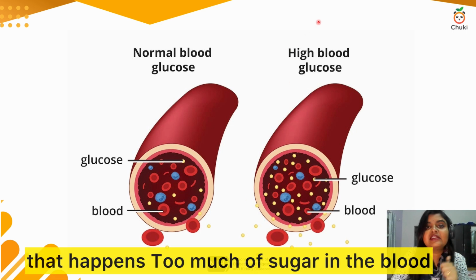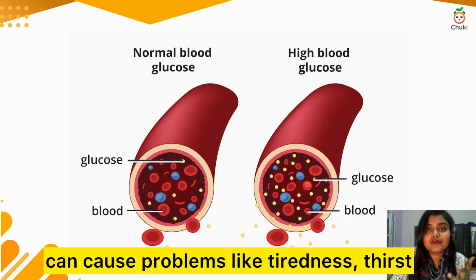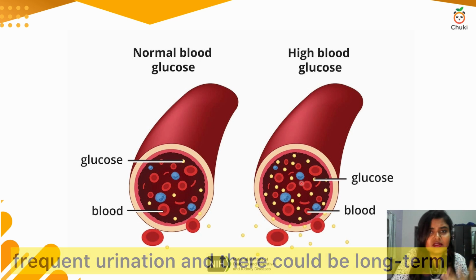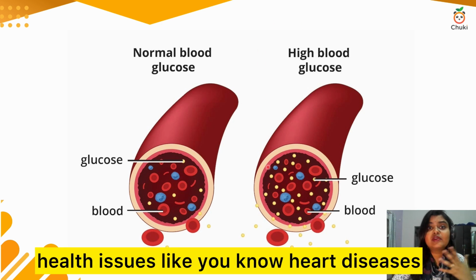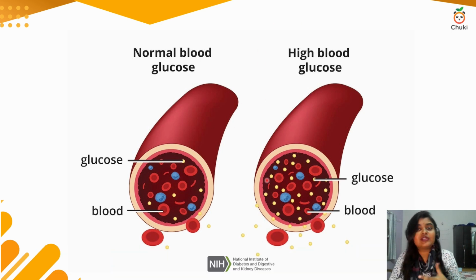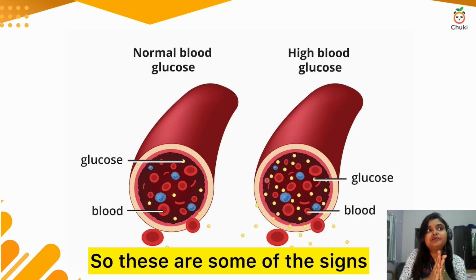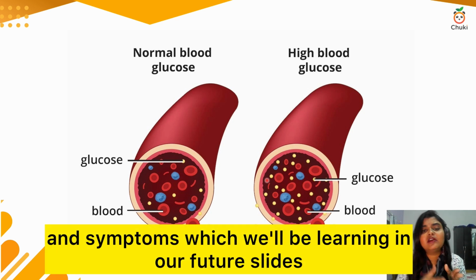Too much sugar in the blood can cause problems like tiredness, thirst, frequent urination, and long-term health issues like heart disease or nerve damage as well. These are some of the signs and symptoms, which we'll be learning in our future slides.